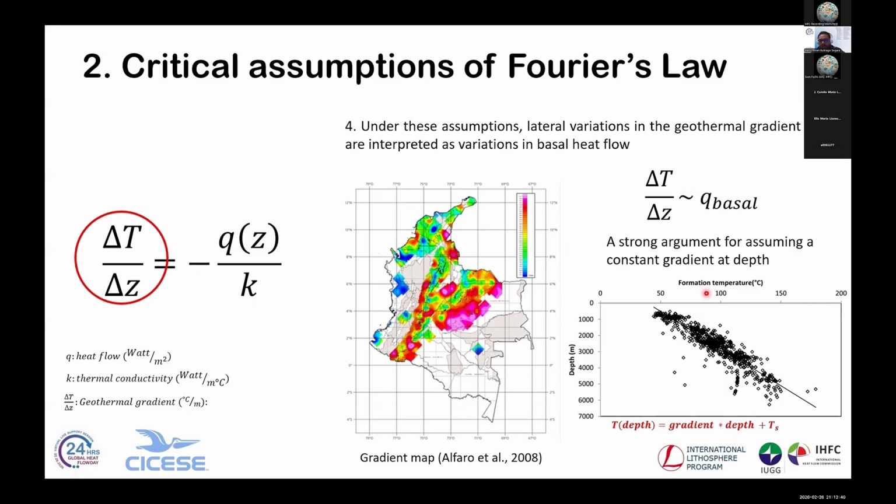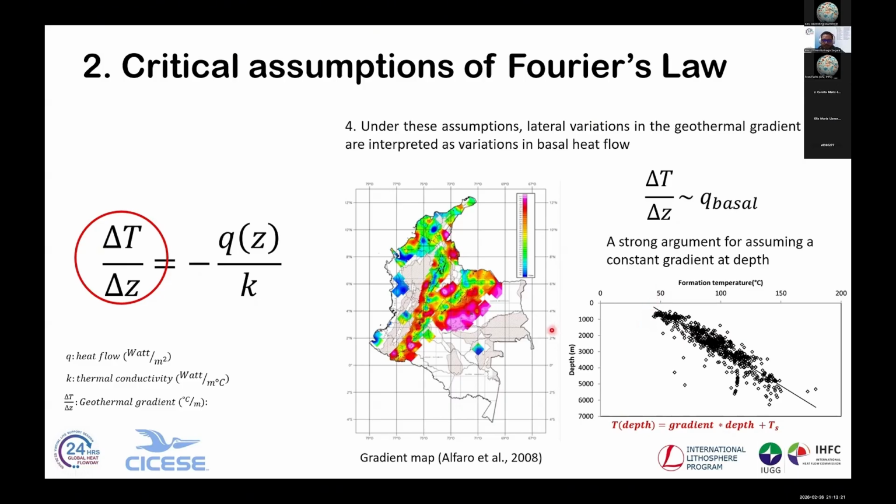One of the arguments commonly used to enforce the idea of constant geothermal gradient in sedimentary basins is that kind of plot where we plot depth and formation temperature, and then we fit a straight line, and based on that line we can calculate temperature at different depths using the gradient, a certain depth, and the temperature on surface.